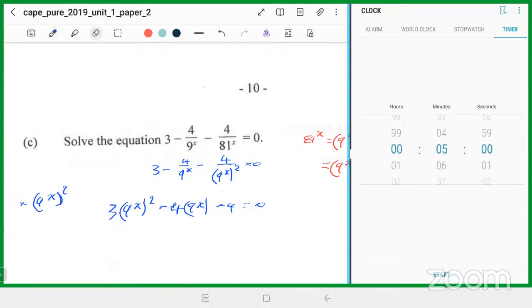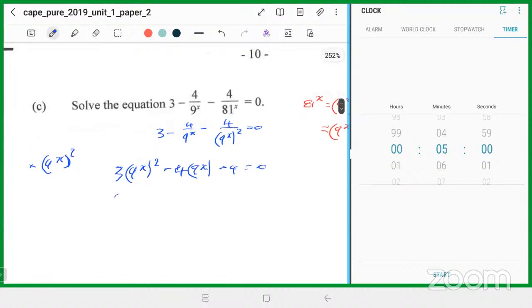All right, let's see what we can do with this now. Factorize this. It's 3 times 9 to the x in one bracket, and 9 to the x in the second bracket. I want 4 to be my middle difference, so I'm going to put 2 and 2 as the factors.